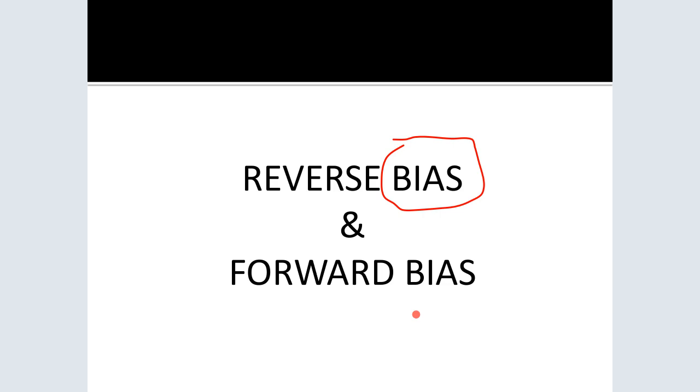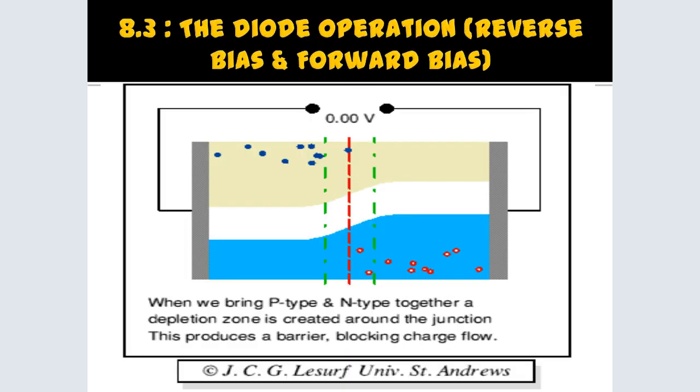So you bring something on board to change or alter the characteristics of the natural process so that you achieve process A or process B. Okay, so there are two types of biasing: reverse and forward. Reverse is not effective for us. Forward is. Let's see how the whole process is done.